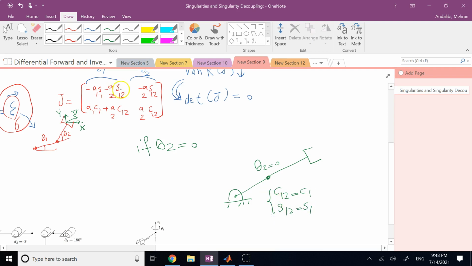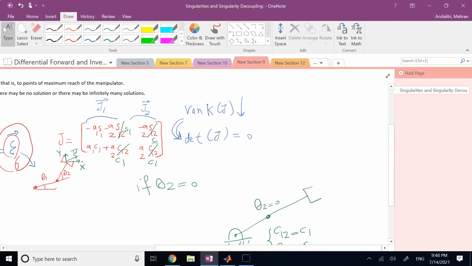So what you do here is you make this one S1, you make this one C1, C1, and S1. And what happens to this J matrix?